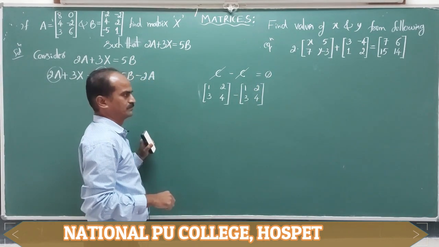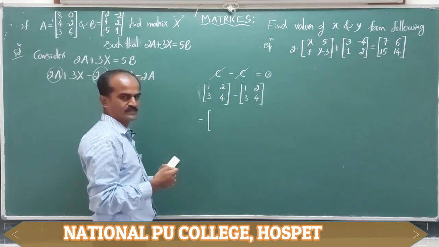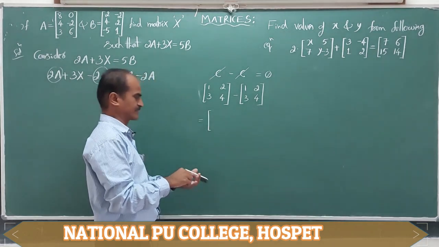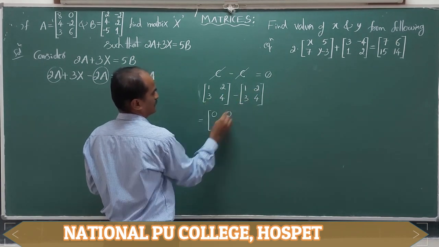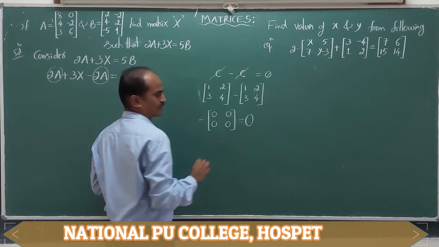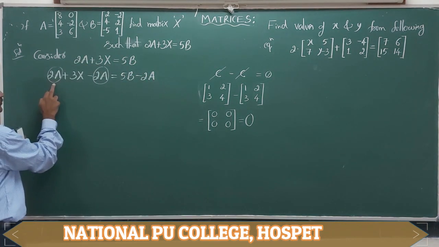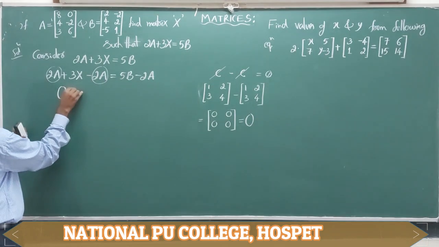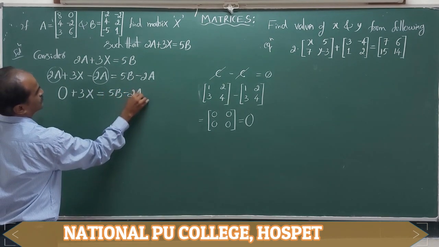It is not 0. Let us see why. I am subtracting two matrices. On subtracting two matrices, you do not end up with a real number, you end up with another matrix. 1 minus 1, 0, 2 minus 2, 0, 3 minus 3, 0, 4 minus 4, 0. You end up with another matrix, namely the null matrix, zero matrix. Similarly here, 2A minus 2A will give us the null matrix. That is O plus 3 times X equal to 5B minus 2A.